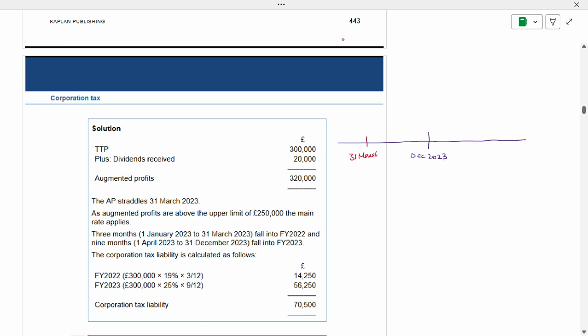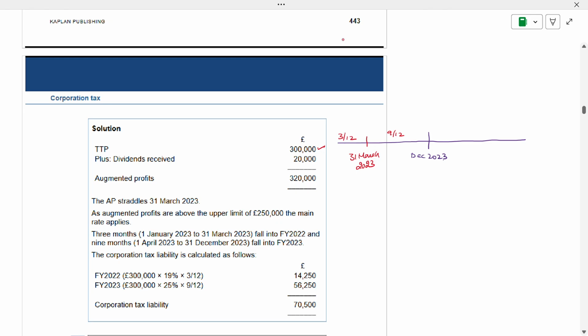Straddling is 31st March. Okay, straddling is 31st March 2023.